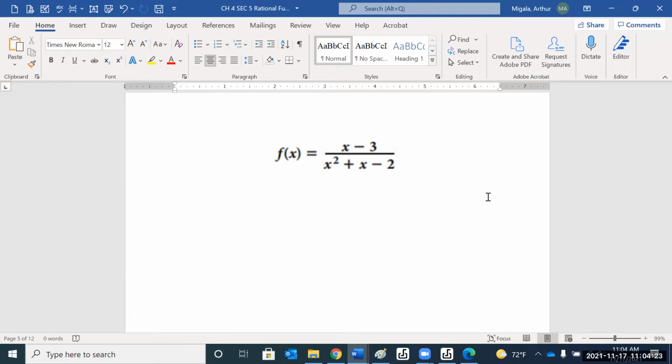Since we have a quadratic polynomial on the bottom, we can try to factor it out. So tell me the horizontal and vertical or oblique asymptotes.